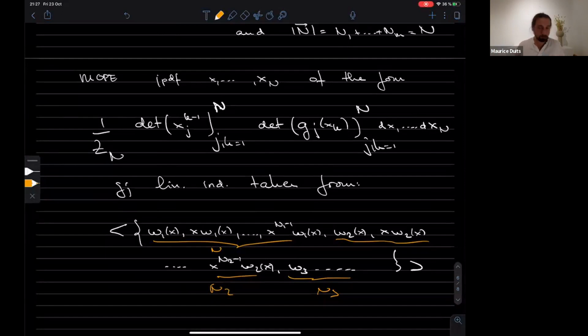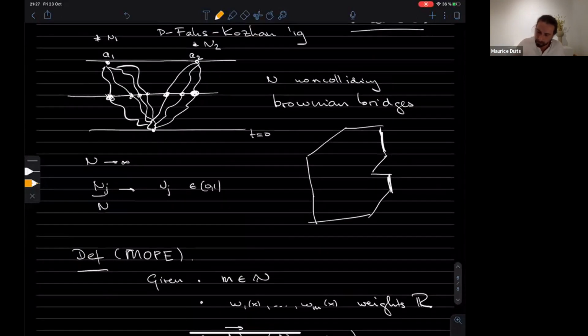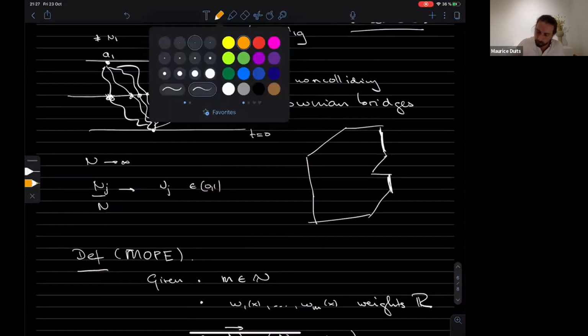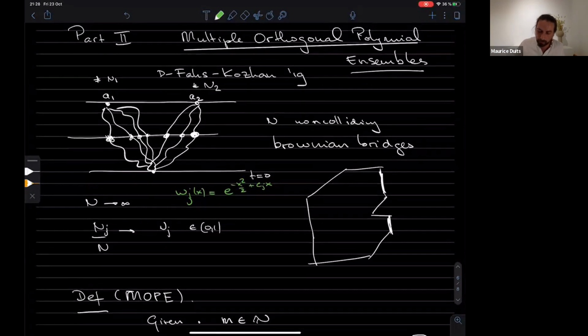And if you would, for example, look at this case here, now that's not exactly correct, I might have some constants wrong, but the w_j here would be an e to the minus x squared over 2 plus, let's call it c_j(x). And the c would depend on a1 and the time t and so on. So with some appropriate scaling, these are just some shifted Gaussians here.